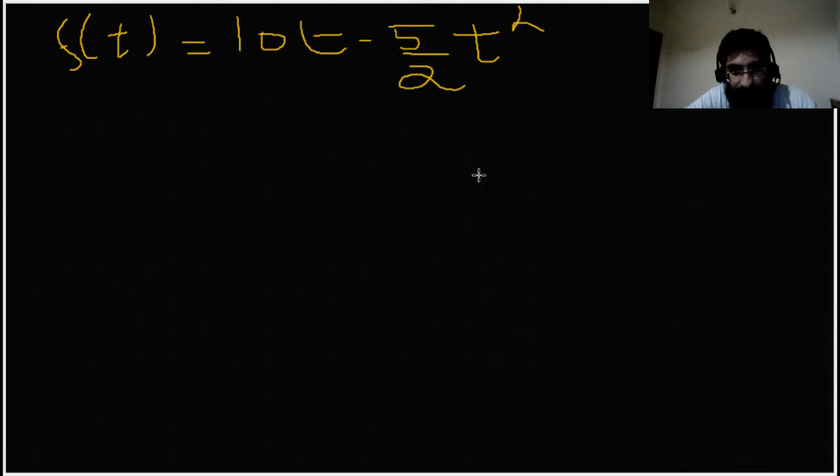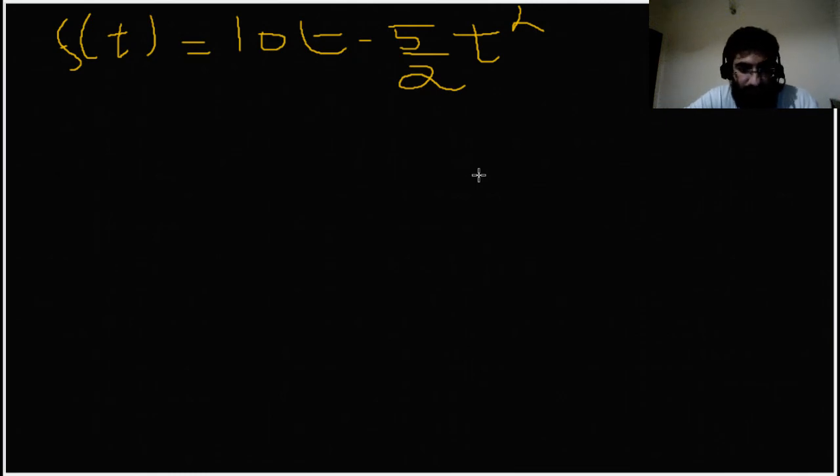You don't need any specific knowledge of mechanics to answer this question. You're told that the displacement of the particle at time t is given by f of t. Come on, start solving it. Okay, is this the answer?